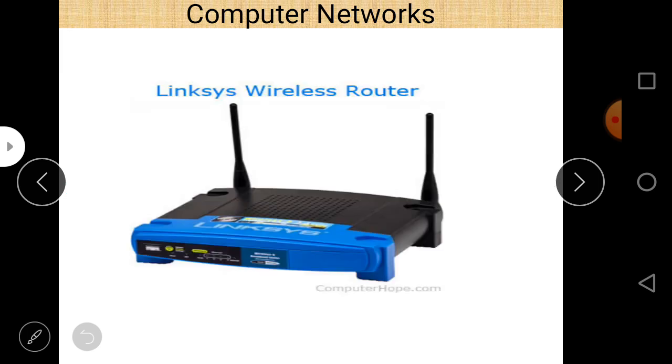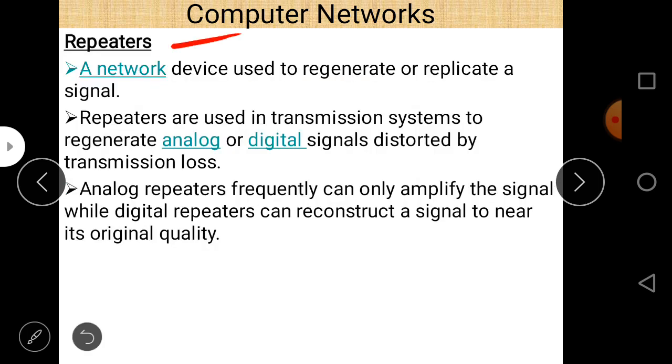Next is a repeater. In our previous slide we already discussed the active hub, and an active hub is also called a repeater because it amplifies the signals. So repeaters basically repeat or amplify or strengthen the signal. That's why it is called a repeater, because it repeats a signal.